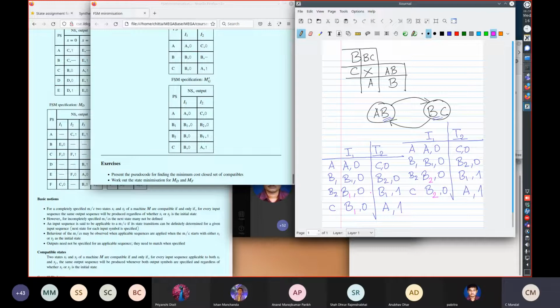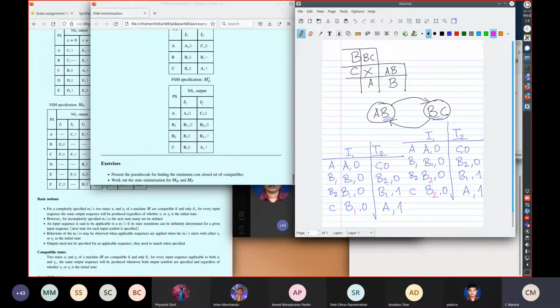So in a situation like this, where B needs to be compatible, if you want to reduce it, then this incarnation of B needs to be compatible with A, whereas this incarnation of B needs to be compatible with C. That's what we did over here.